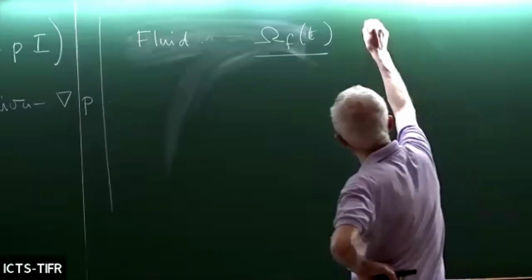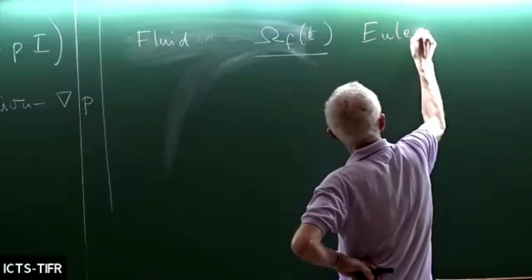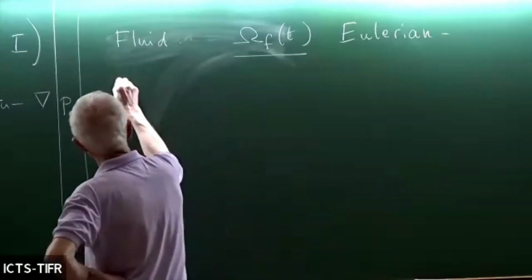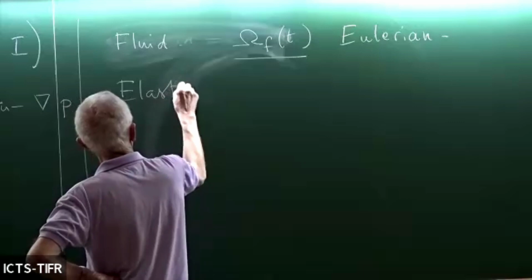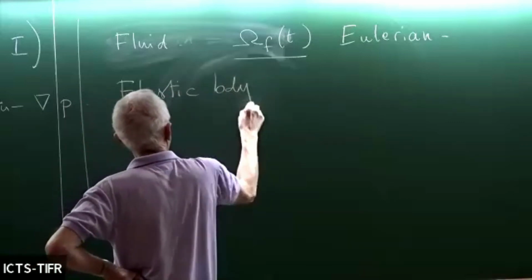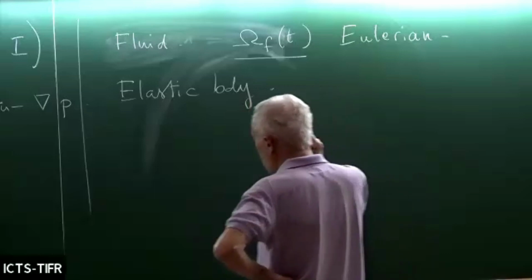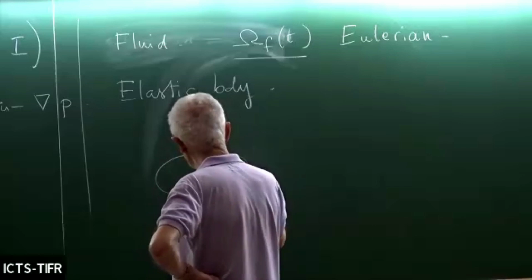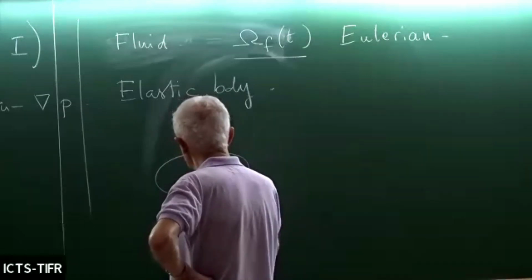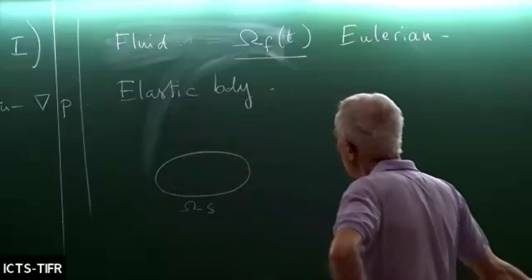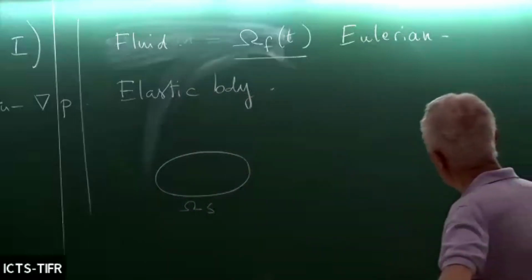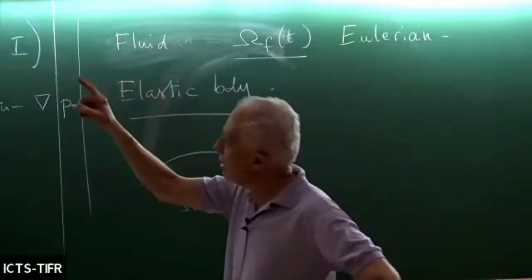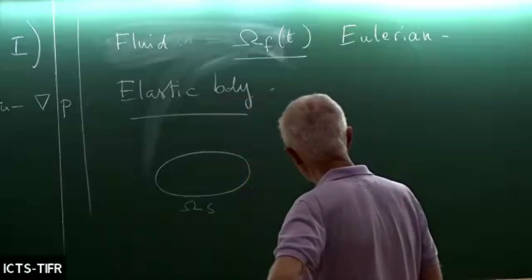So we say that we have an Eulerian formulation, but for the elastic body, the equations of elasticity are defined not in the moving domain, but in the configuration of the body. So this equation has to be written not in omega st, but in omega s.